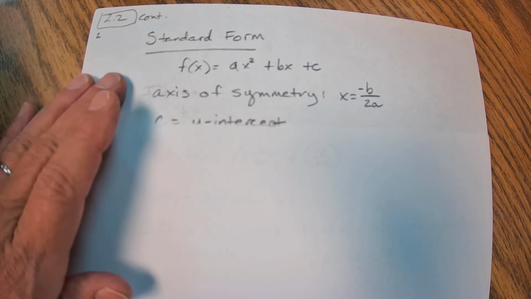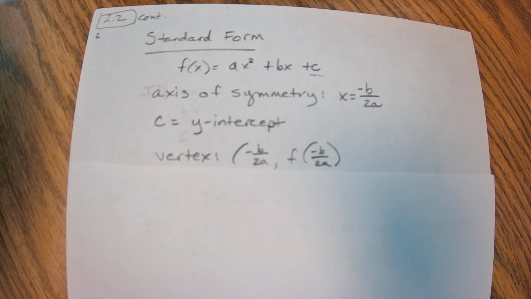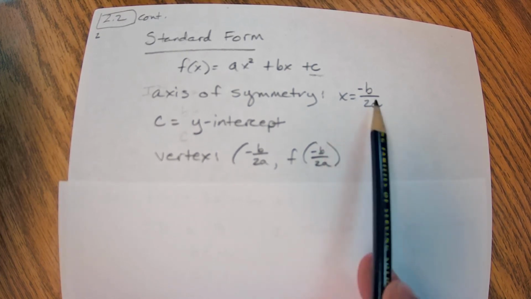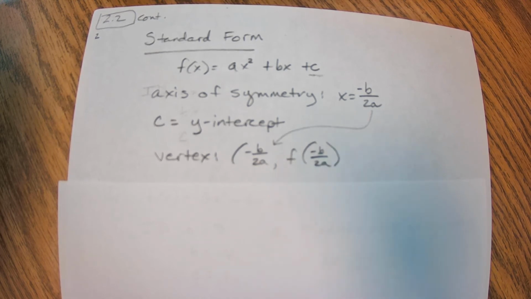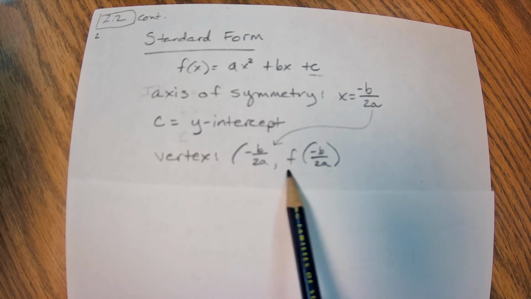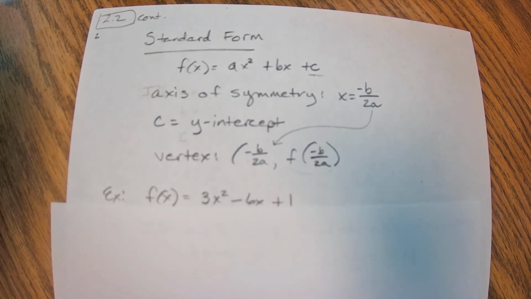We're going to do some examples that will help you understand it. And the constant in this form represents the y-intercept, where the graph crosses the y-axis. If this is the line of symmetry, then I know that this is also the x value of the vertex. And then to find the y value, I would just evaluate the function at whatever x value I come up with there.